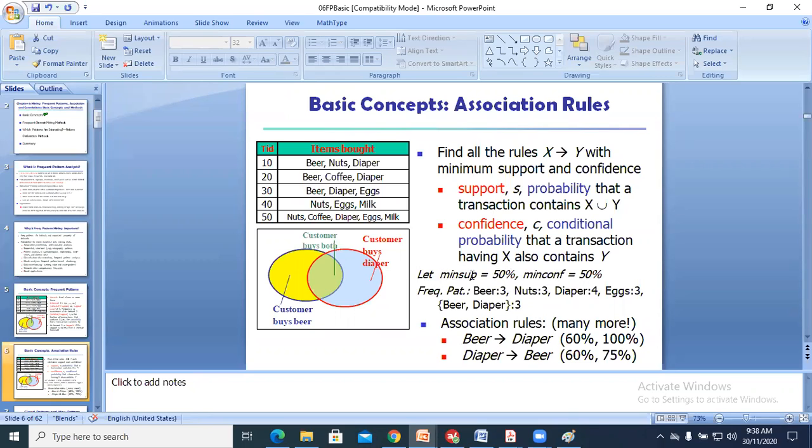For example, the minimum support criteria we set is 50%, and the minimum confidence criteria is 50%.